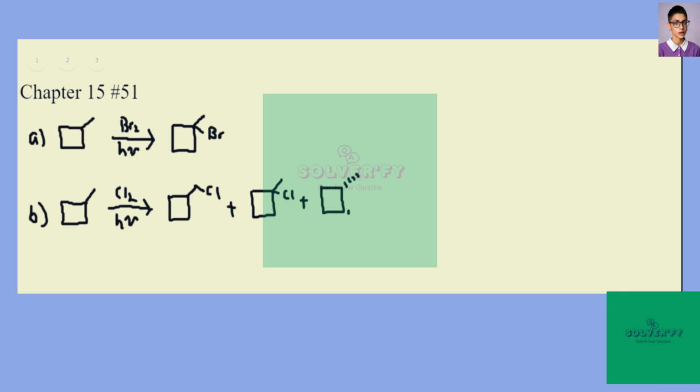So we can have the chlorine be cis to the methyl group. If it adds there, we can have the chlorine be cis to the methyl group with them both on wedges. And then we can have the two variants where the connectivity is the same, but we can have the trans variants.